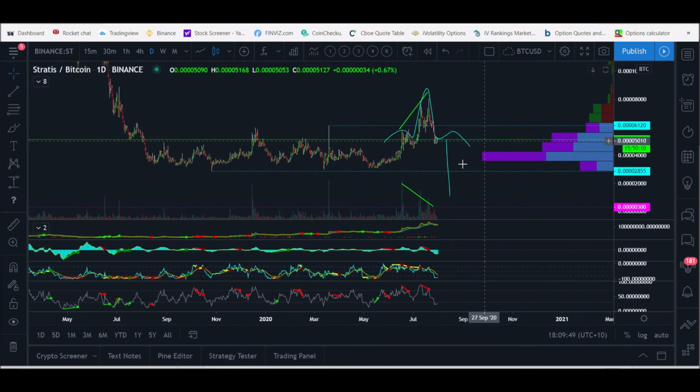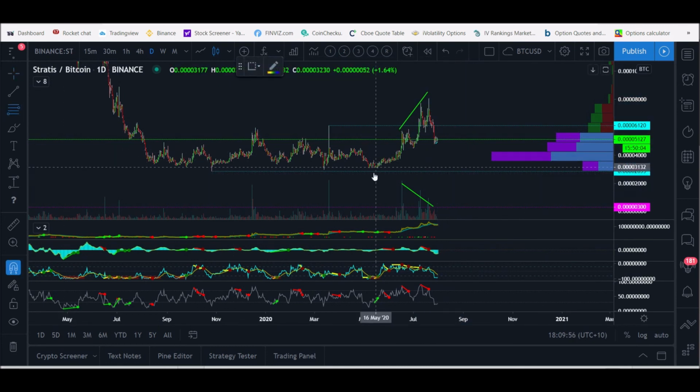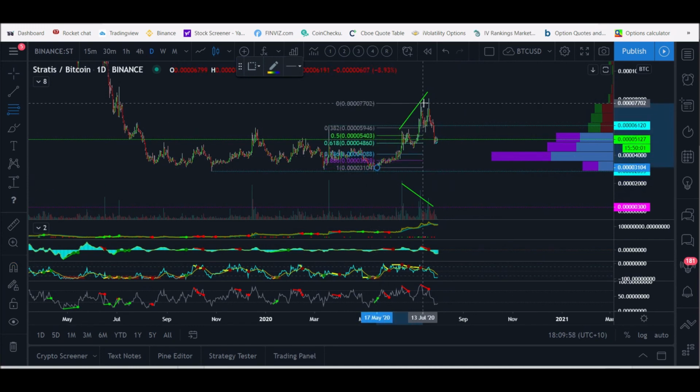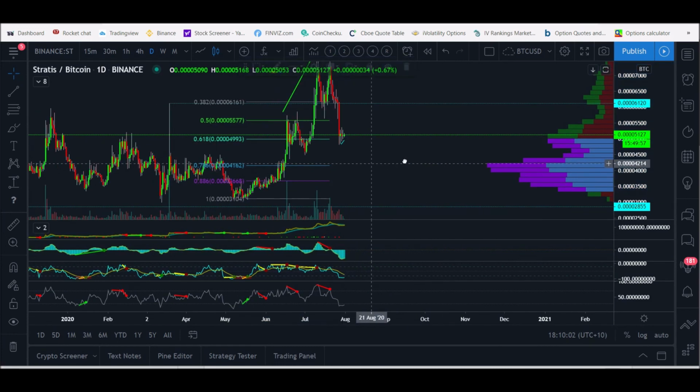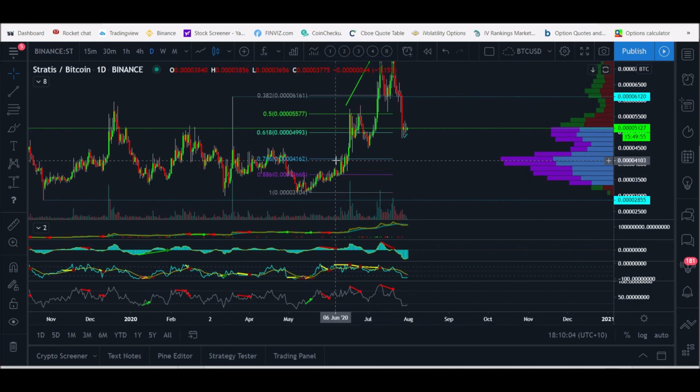If we did want to look for an entry for this, I'd want to go swing low to swing high, and you can see that this 786 looks quite good too, or you could even go the 50% levels in there. Okay, so the 786 looks quite nice.